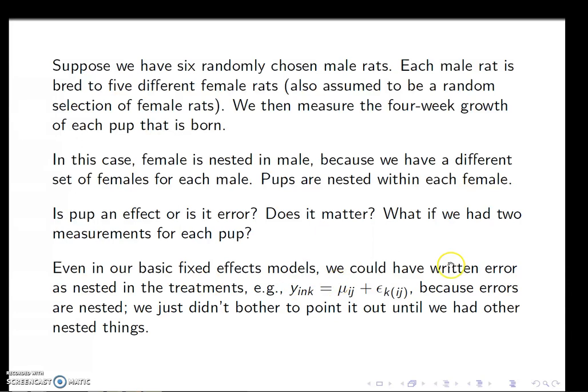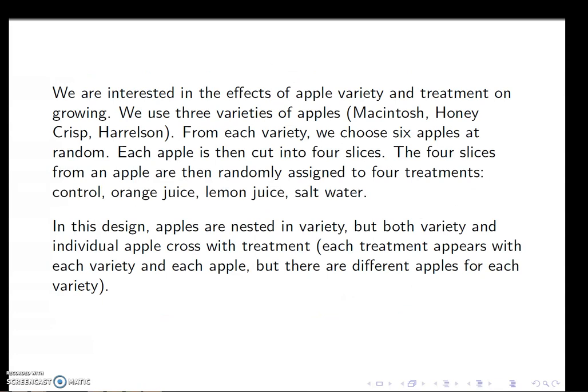Even in our most basic fixed model like this, we could have written errors nested within treatment. So that would be the pup nested within the I and the J, the male and female here. That should be a J, not an N. Because errors are nested, we just don't have to point it out until we've nested other things. But if you think about it, those errors are always nested. Just pointing it out here.